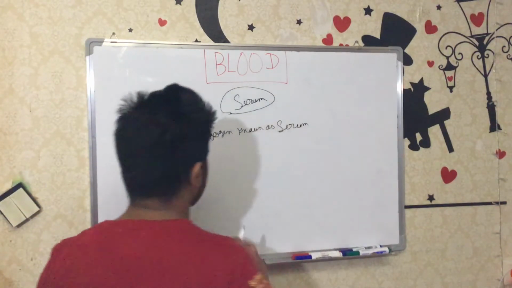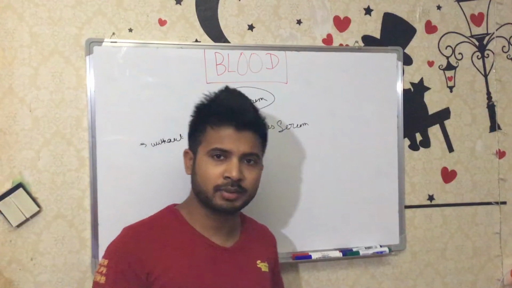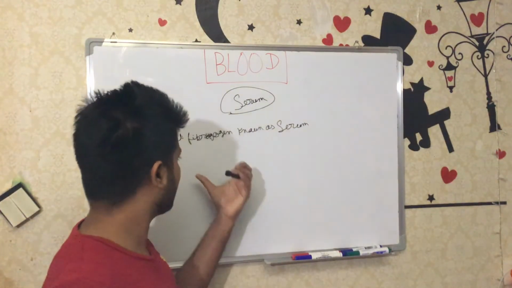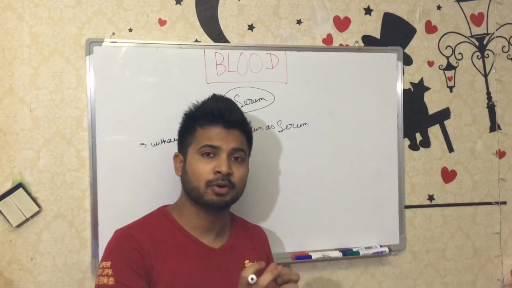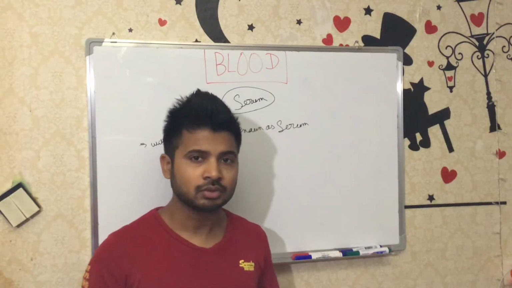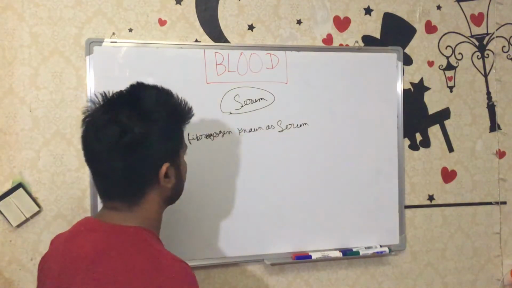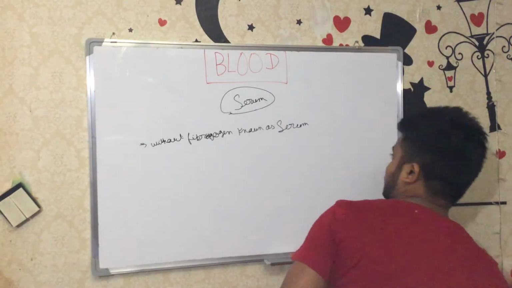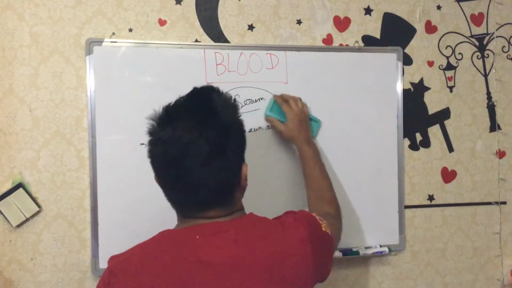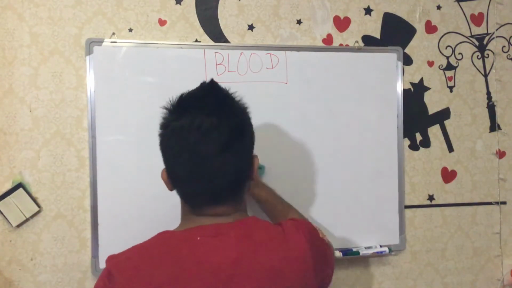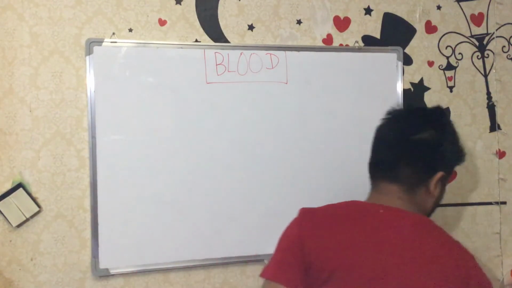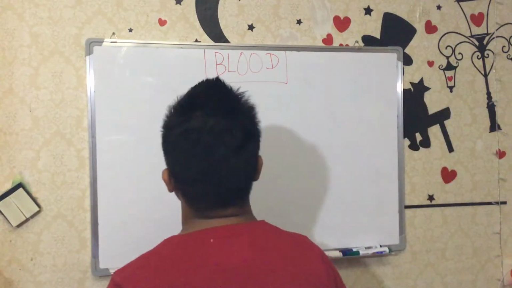As I said, protein has three parts: albumin, globulin, and fibrinogen. If you remove the fibrinogen, that component is called serum. About the function, serum is a very important component for clinical laboratory investigation.